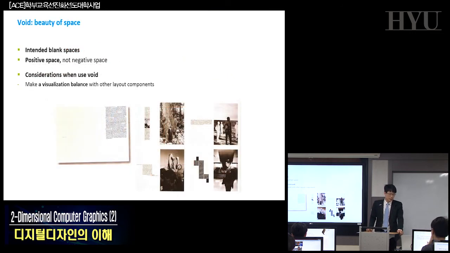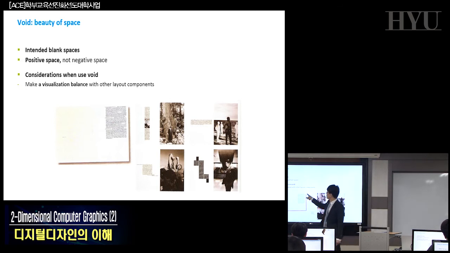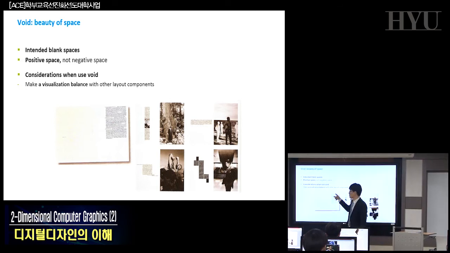Next important thing is void, empty space. Beauty of space. Take a look at this document. This is the full size of the document, but designers, authors intentionally place the text box only in this part.